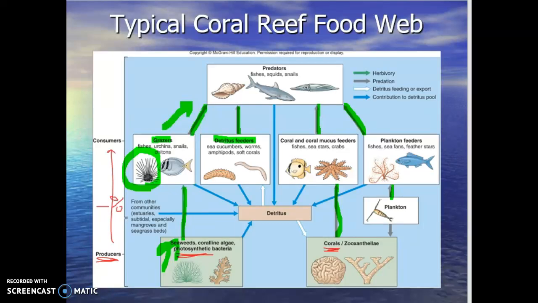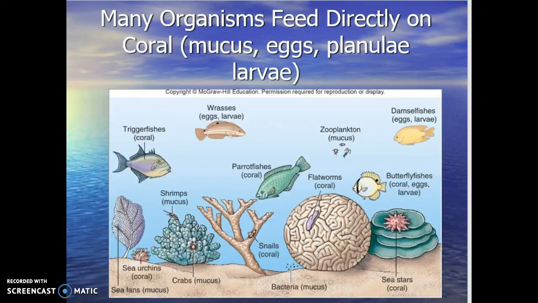But corals are a pretty important part of the reef. And when we look at corals, there's quite a few things that actually feed directly on the corals. They might eat the mucus that's produced by the corals. They might eat eggs of the corals, the little planula produced by the corals, the larva, the coral itself. So there's all sorts of things out there that are eating corals.